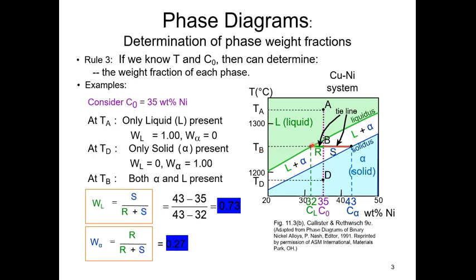Okay, so when you draw the tie line, one point must be on the liquidus line, another point will be on the solidus line. Why? Because this is the liquid and alpha region.